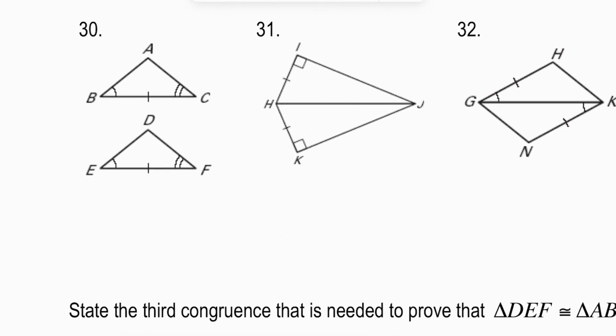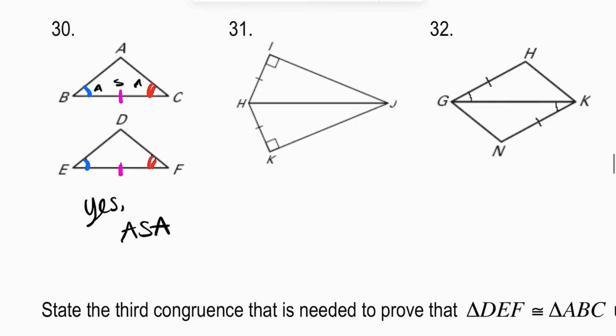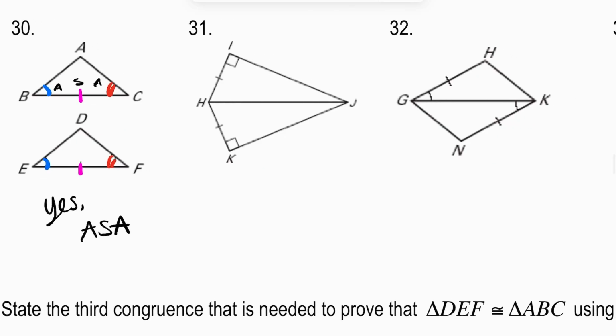All right, 30, we have congruent angles, congruent angle, and we have a side between them that's congruent. So we have angle, side, angle. For 31, we have a right angle, which are always congruent.